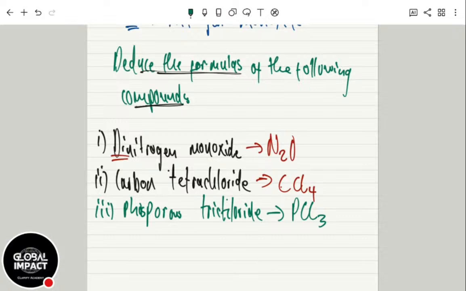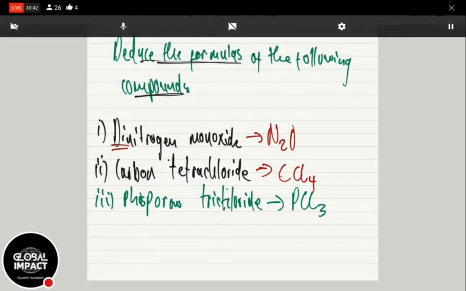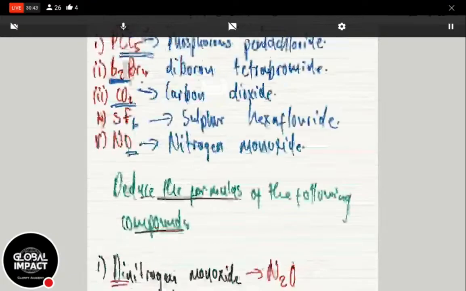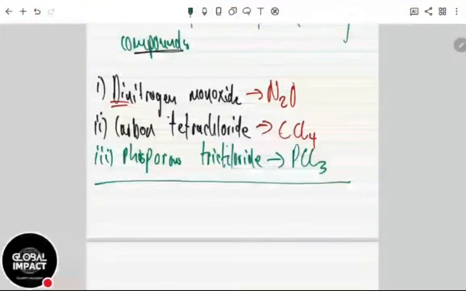Good. So for binary, I'm good. There's one more thing. If I get a metal and a non-metal binary compound, I can name it. If I get two non-metals, I can name it.